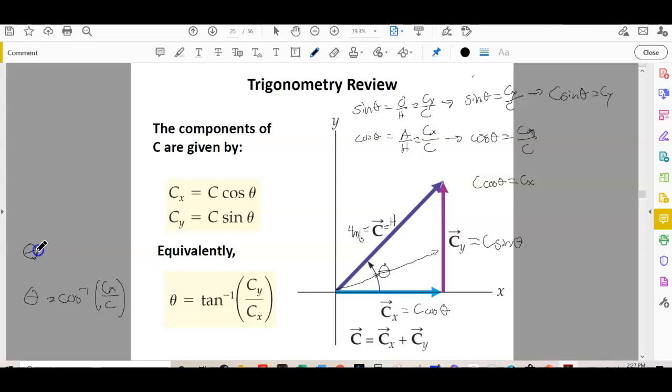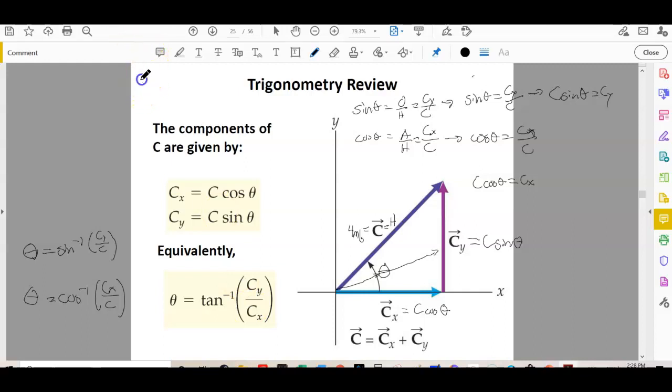If you have cy and c, then you would do the inverse sine of cy over c. But most likely, if you're in this situation and you have cx and cy, you're not going to have c and theta, so you're going to have to find that. To get theta, you just do the inverse tangent of cy over cx, right?